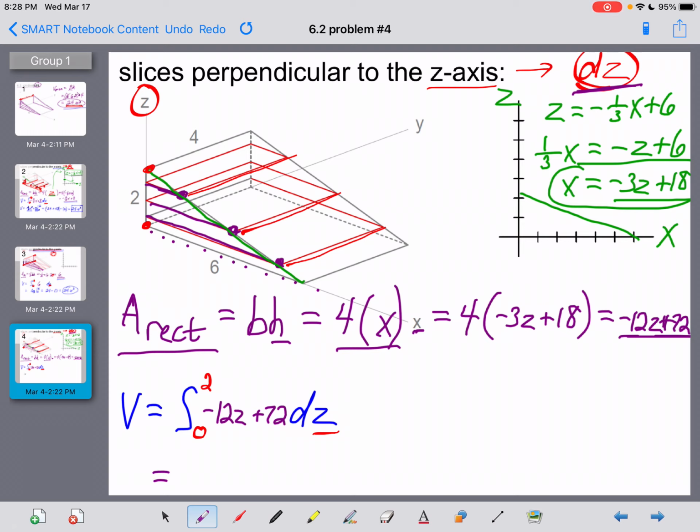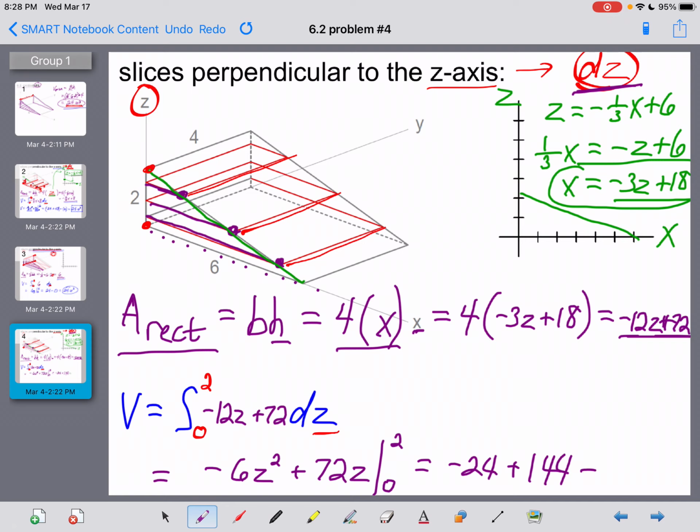All right, integral of a negative 12z is going to be a negative 6z squared, and the 72 is going to become 72z, and I won't forget the variable this time, evaluated from 0 to 2. So let's put the 2 in there. 2 squared is 4 times negative 6 is a negative 24, and plus 72z, I think we got a problem here, guys, is 144.